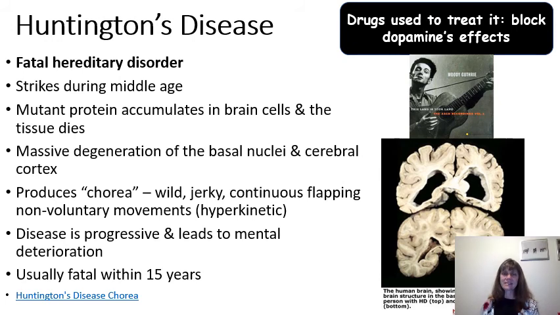Huntington's disease is a fatal hereditary disorder, and the drugs that are used to treat it are going to block the effects of dopamine. It usually strikes individuals prior to middle age or around middle age, where there's a protein that has mutated within the neurons in the brain, causing the tissue to die.